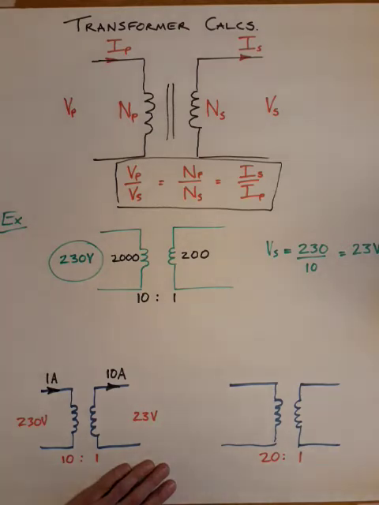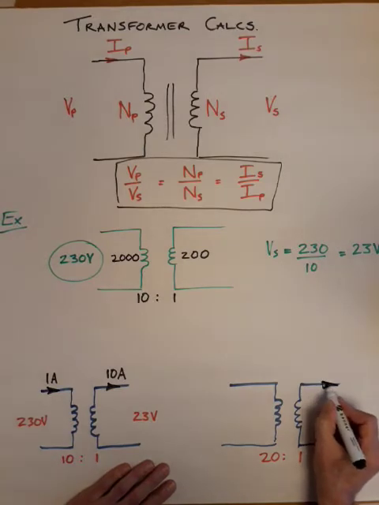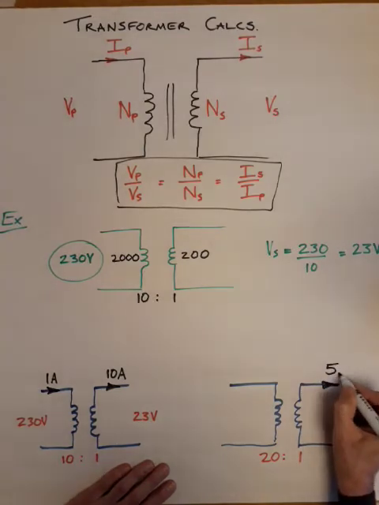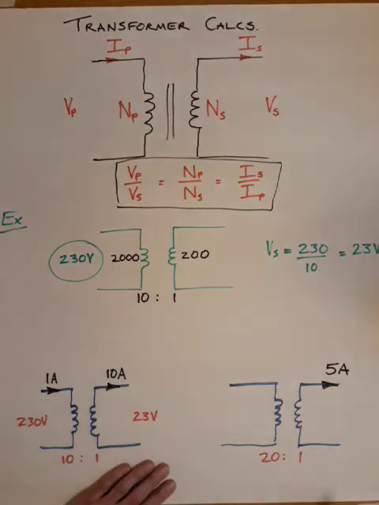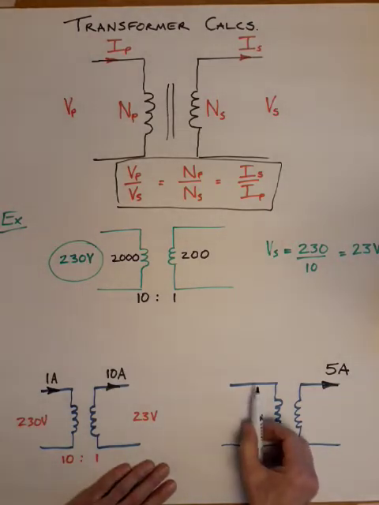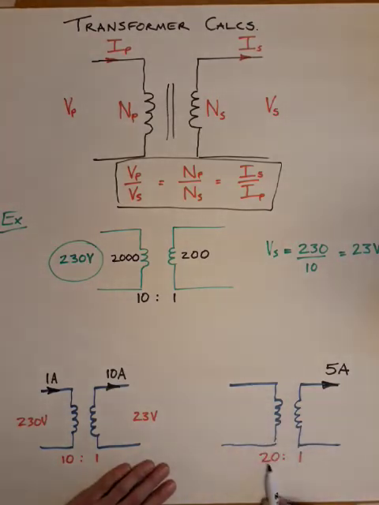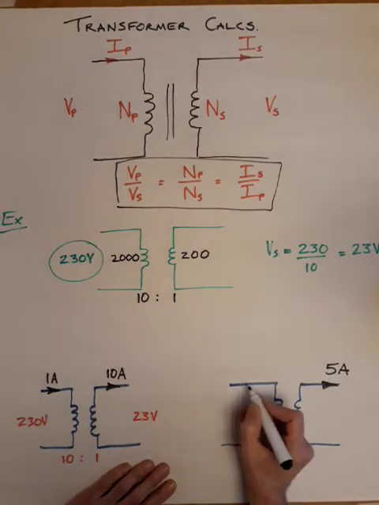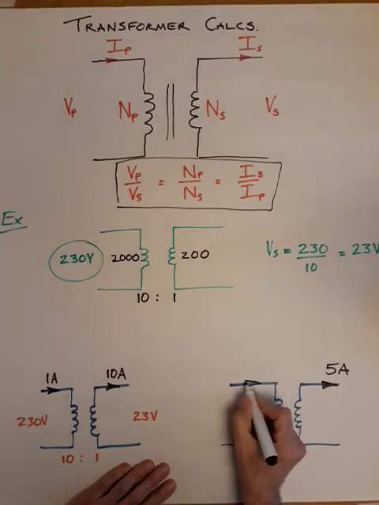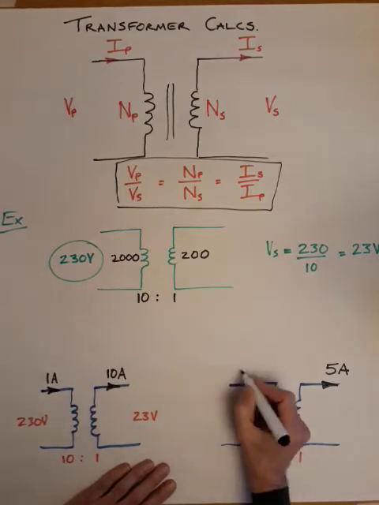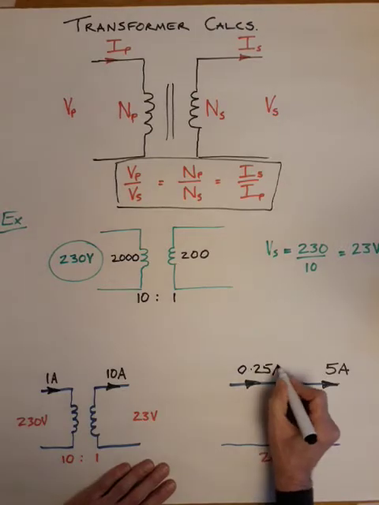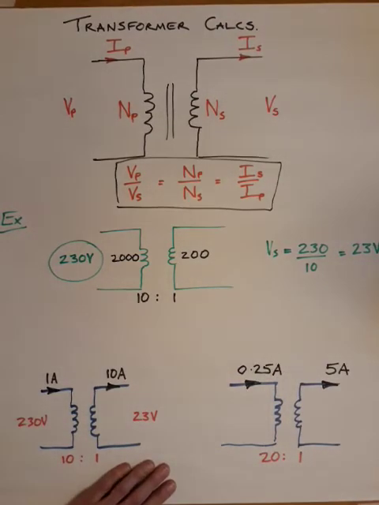But if I gave you a current on the secondary, let's say this is 5 amps, then the primary current is going to be 20 times smaller. So the primary current is 0.25 amps. Okay, I'll let you think about that one.